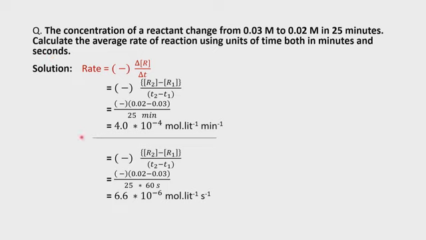Just change the minutes into seconds. Now again we are getting 6.6 into 10 power minus 6 mole per litre per second. Unit is compulsory. The answer should end with unit in physical chemistry. Okay.